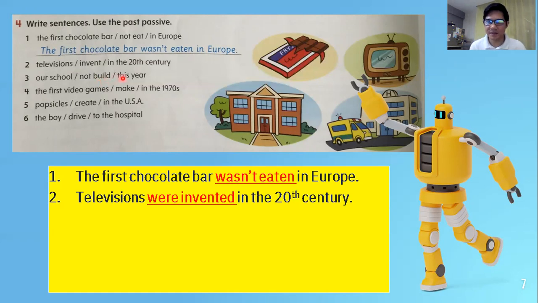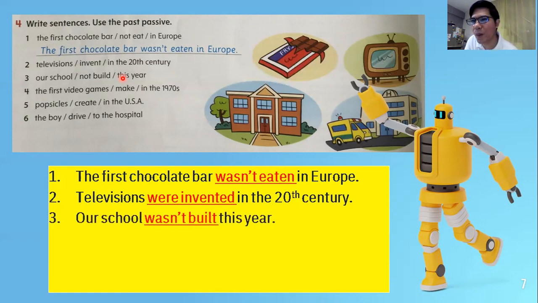What's your answer? Okay, the answer is: our school wasn't built this year. That's the answer for number three.